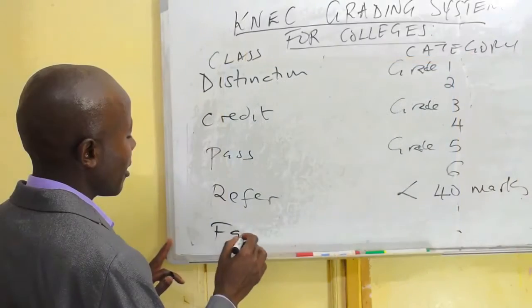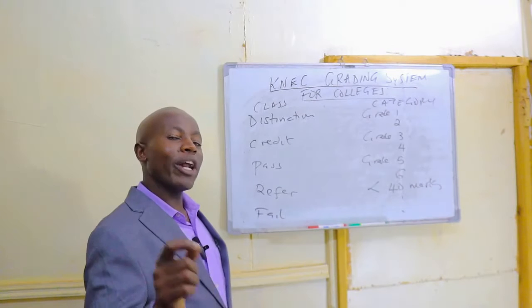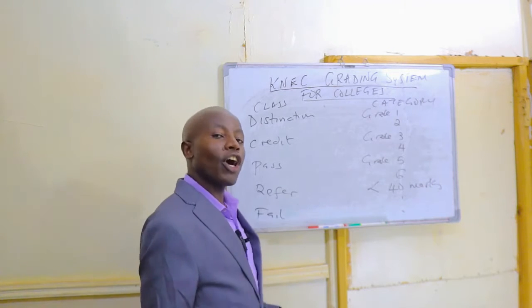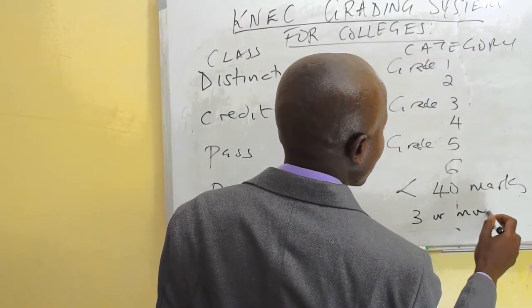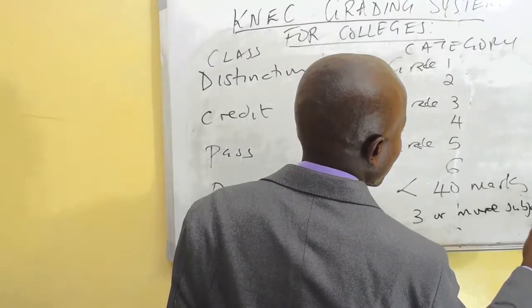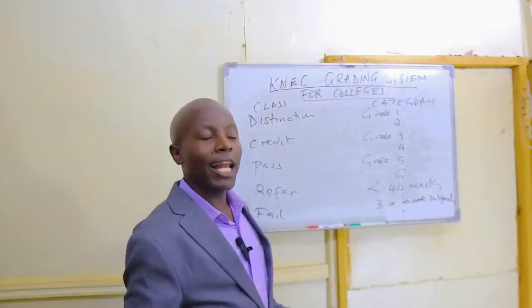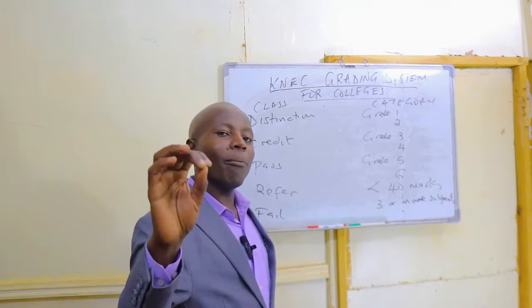And then the one that we fear most, fail. When do you score a fail? You score a fail if you score less than 40 in 3 or more. So remember, these are aggregates. So you get an aggregate fail if you score less than 40 in 3 or more subjects.